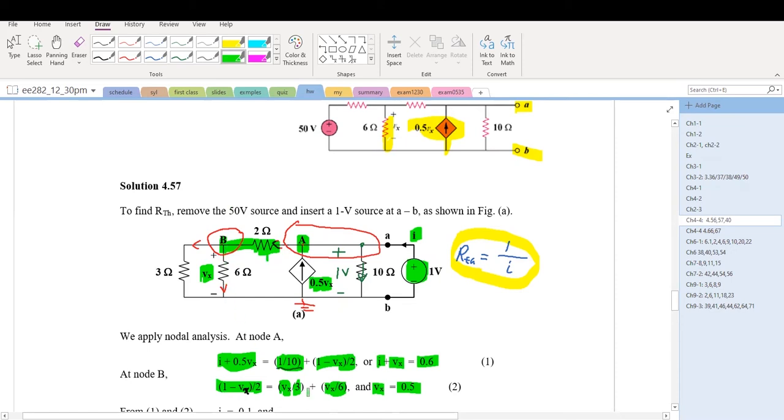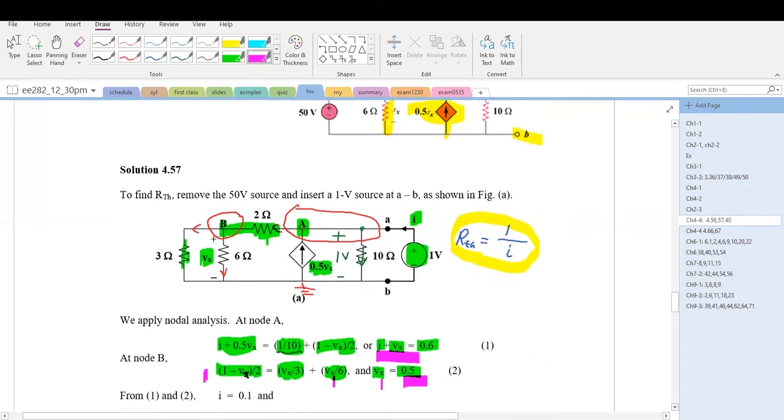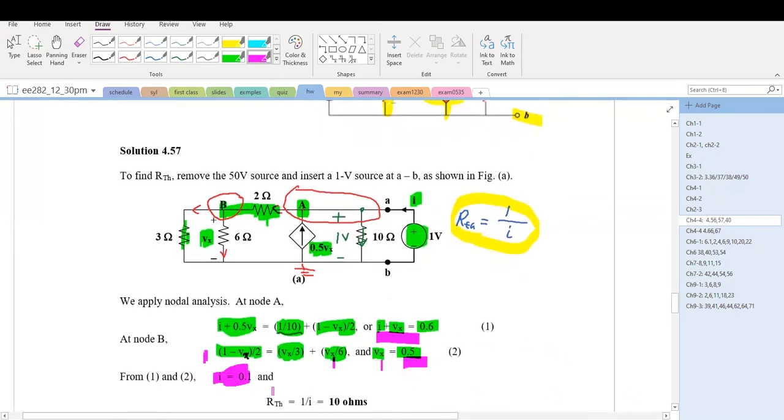Current flow out, there is one in this branch, Vx divided by 3, and then Vx divided by 6. From this equation, we solve for Vx equals 0.6, and then plugging into the previous equation, we can obtain I. So I equals 0.1, therefore RTH equals 10 ohm.